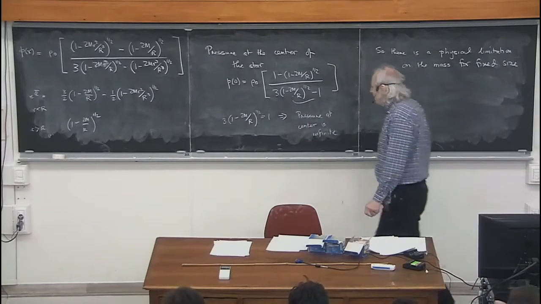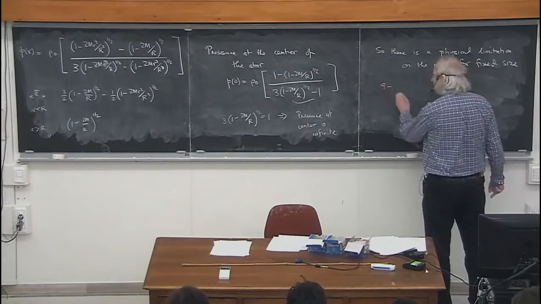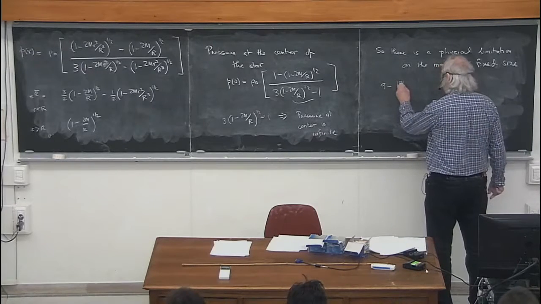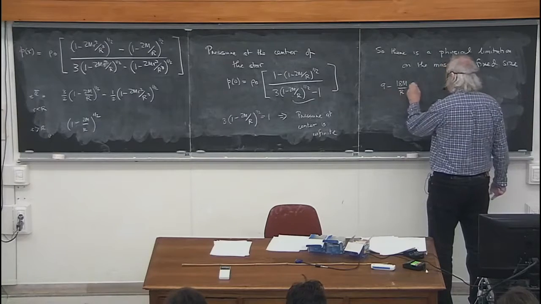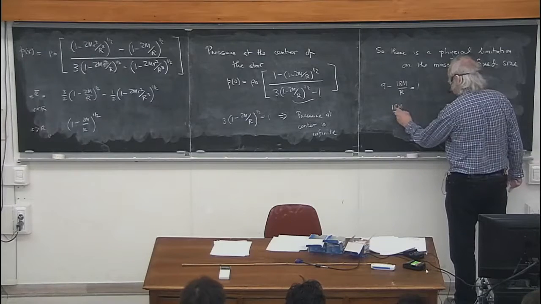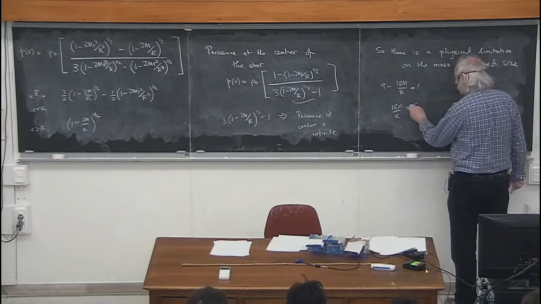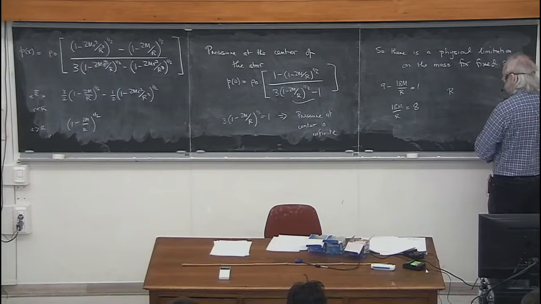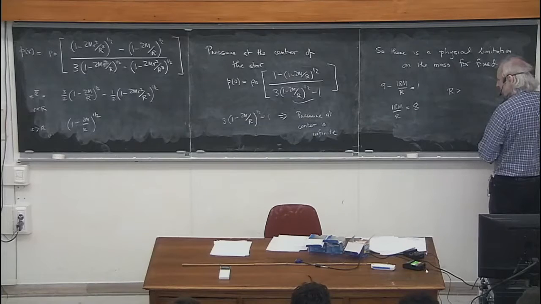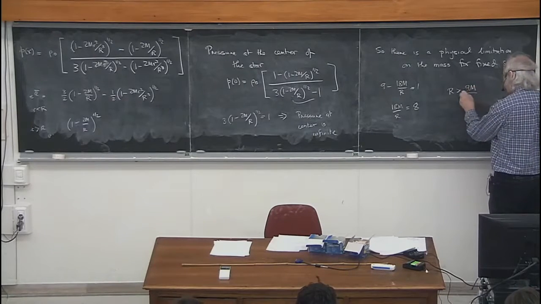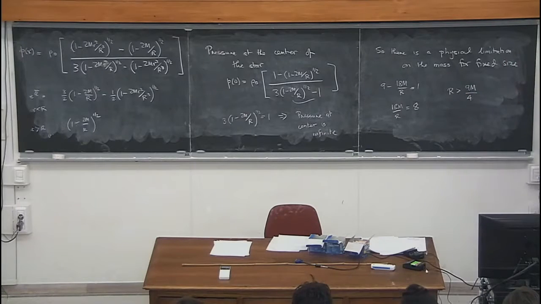You just square this whole thing, and we're done. 9 minus 18m over R equals 1. So in other words, 18m over R is equal to 8, or alternatively R must be bigger than 9m over 4. In other words, slightly bigger than its Schwarzschild radius.